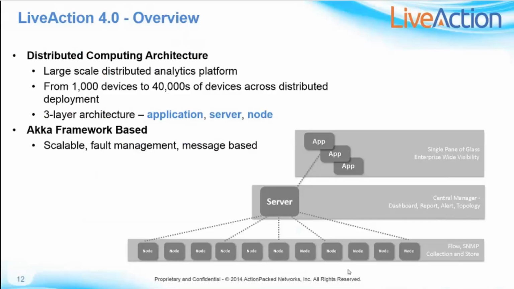Rather than being a single server, I can now have multiple nodes or collectors distributed throughout the network, reporting up to, once again, a central server. It is Akka framework based, so it's scalable, fault tolerant, and message based, and this is the standard in the industry used by many software manufacturers today. So we're just following what the leaders are doing and allowing us to be state-of-the-art with the design that we have for the server, the node, and the application itself.